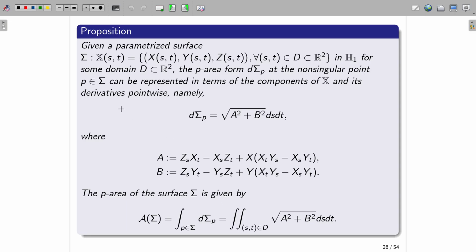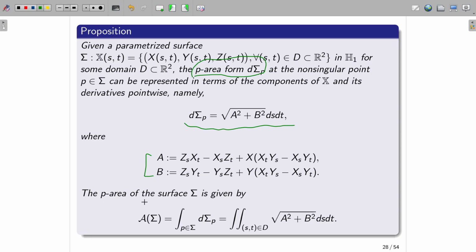Here is the first proposition. Given the parametrized surface, the p-area form at the non-singular points can be represented in the following term, where A and B can be calculated as this one, with partial derivatives with respect to the parameters s and t respectively.